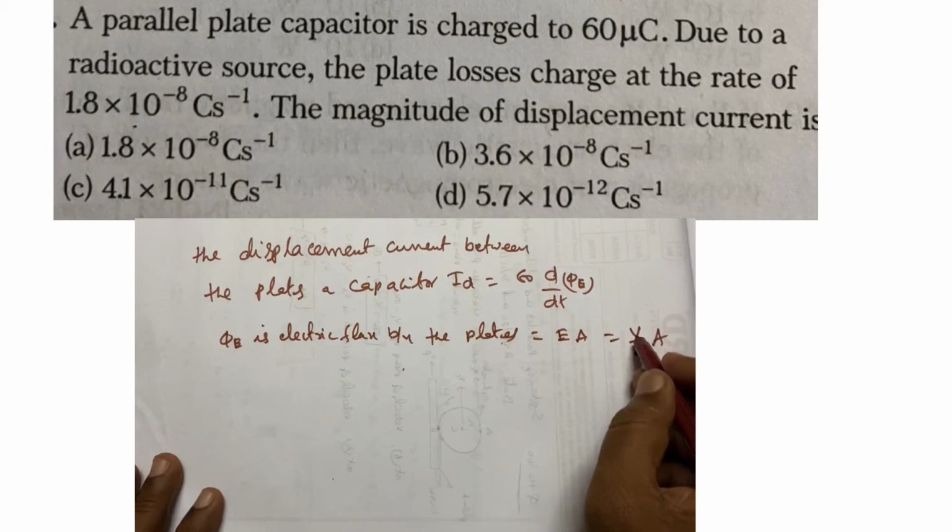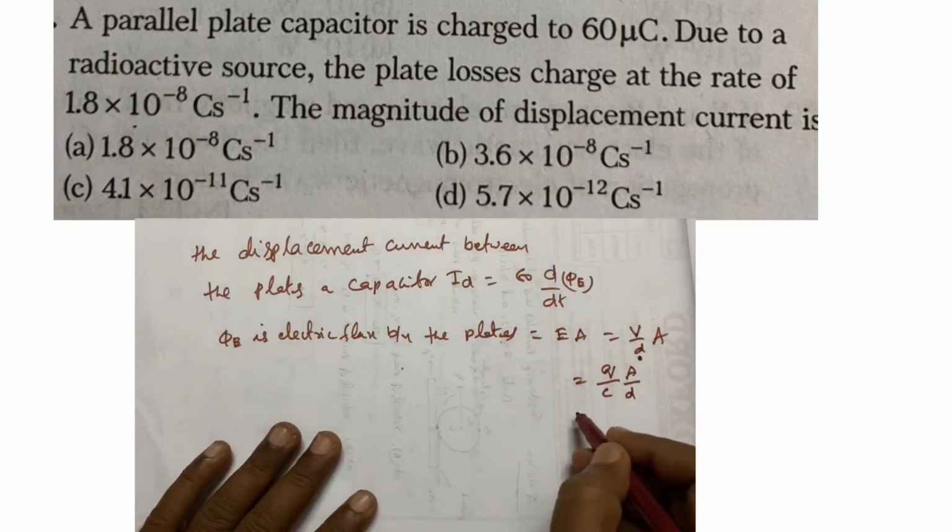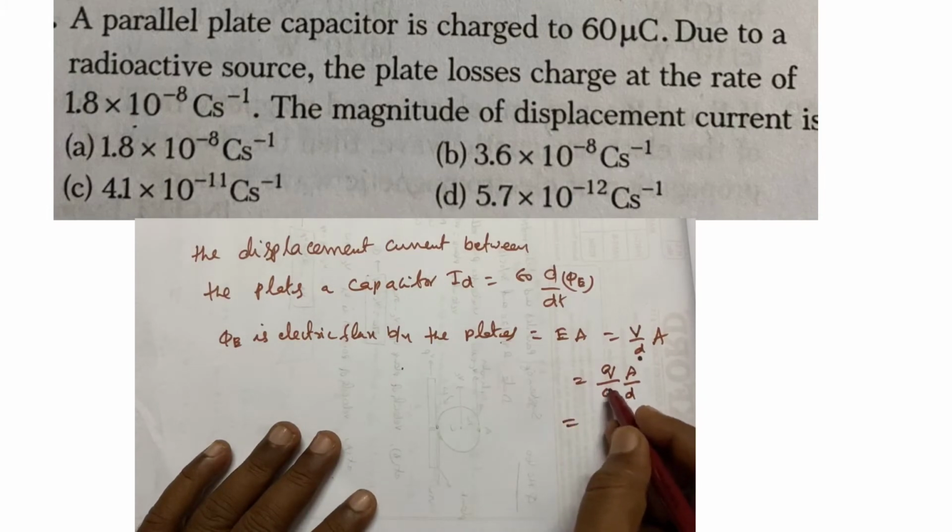V is the potential difference between the two plates. D is the distance between the two plates. V equals Q by C. So this will be Q by C into A by D, that equals Q by epsilon naught A by D into A by D. D gets cancelled.